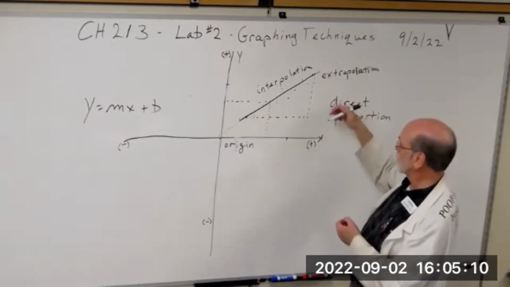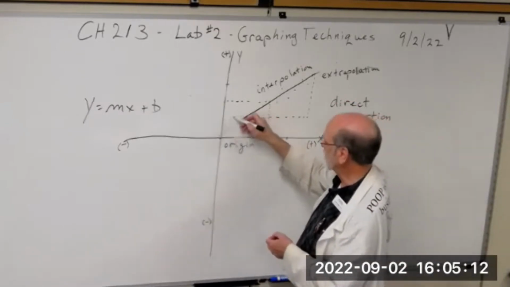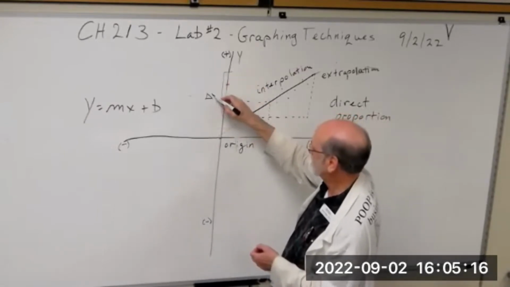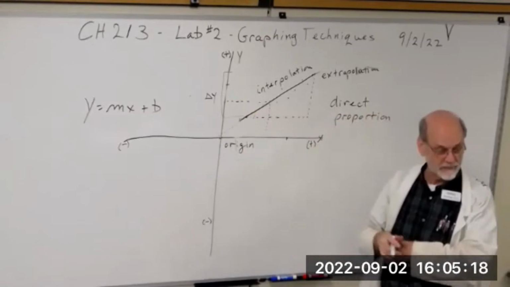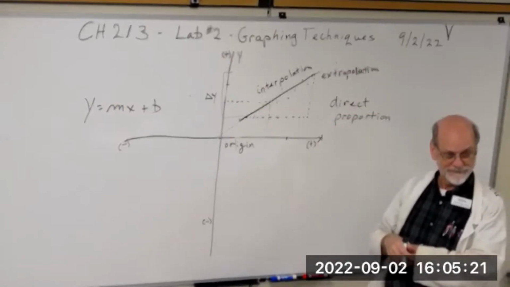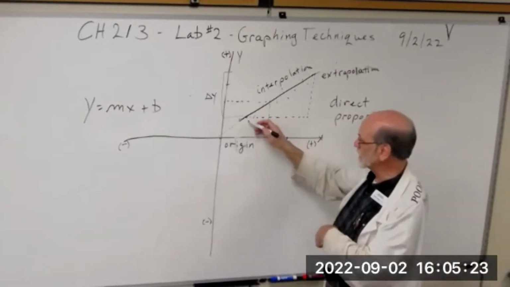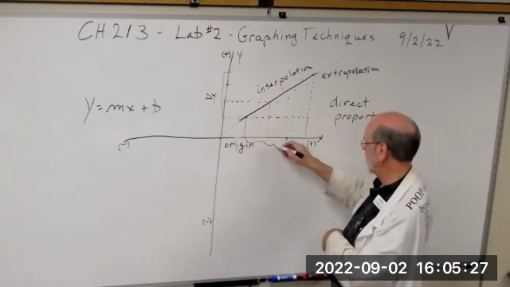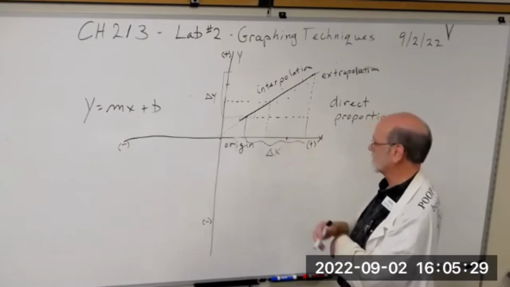So you would measure the difference between this Y and that Y. That's your change in Y. Okay? And between this X and this X, that's your change in X.